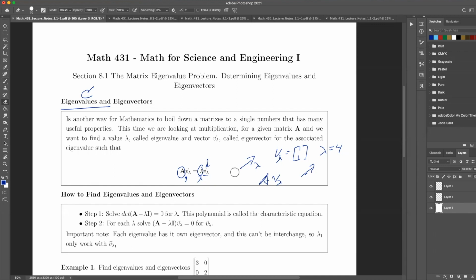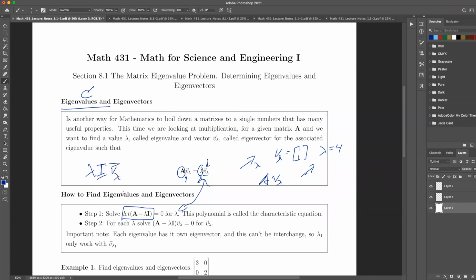And so how do we solve this? Well, we just use the following steps. We're going to find the determinant of A minus lambda times the identity matrix and set that equal to 0. Notice that this is the same as this, but all I've done is move everything to one side. A times v equals lambda I times v, where I is the identity matrix.